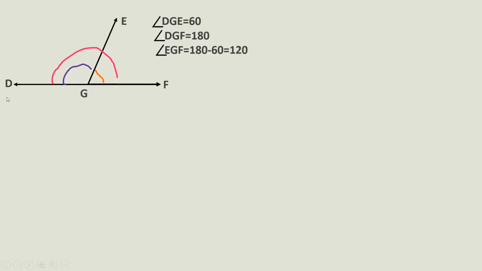We know that DGE is 60 degrees and DGF is 180 degrees. To find out EGF, we subtract them because DGE and EGF add up to 180 degrees. 180 degrees minus 60 degrees gives us 120 degrees.